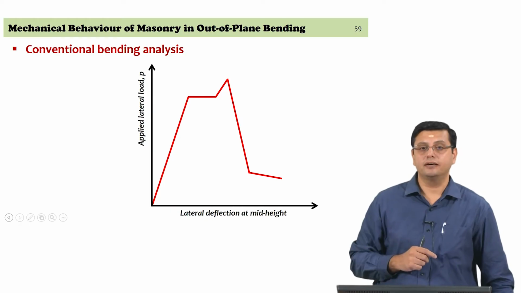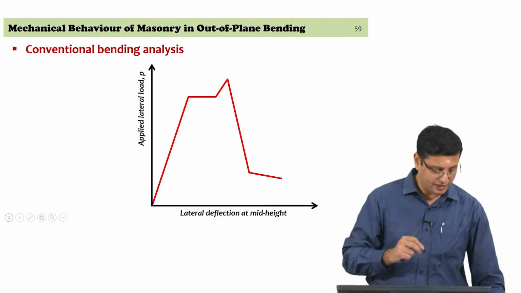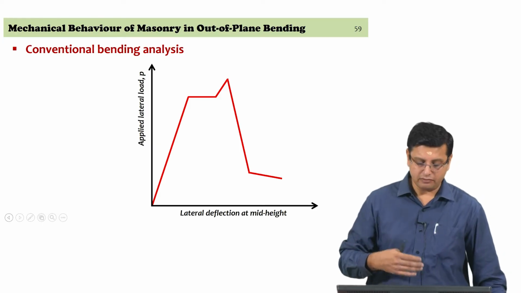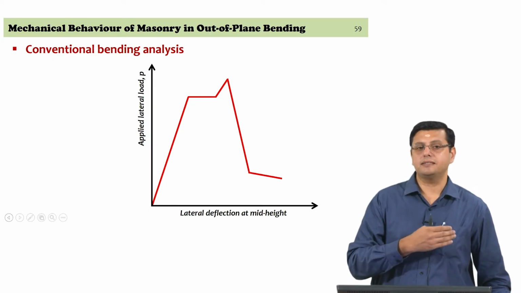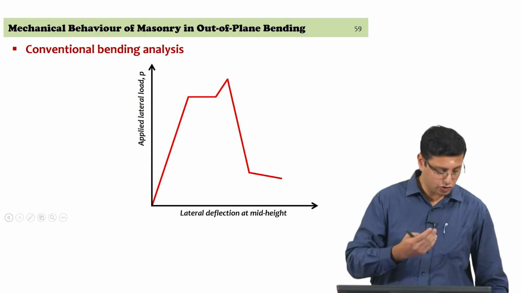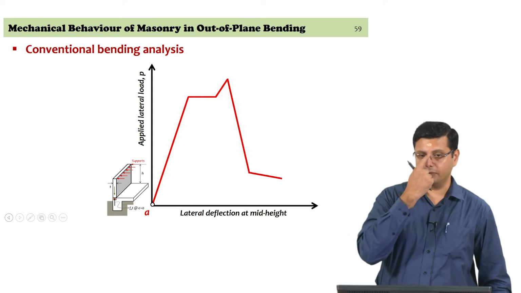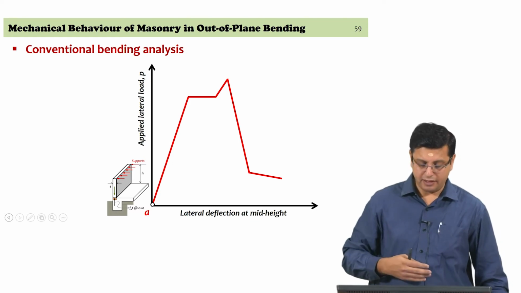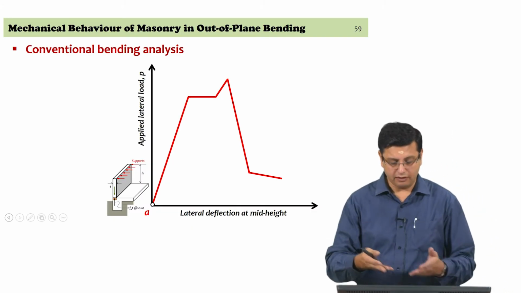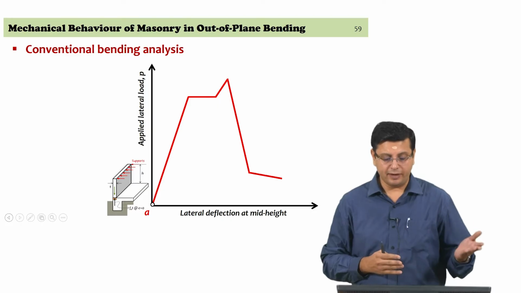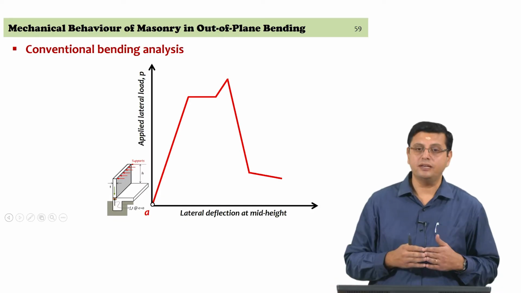you were to look at conventional bending analysis with linear elastic state of stresses till failure, then for the case that we considered where we had the base fixed and the top supported, lateral restraint coming from the supports, if we were to look at the progression of load resistance till failure, then you see a force displacement, applied lateral load to lateral deflection at mid height delta, to be of this sort.